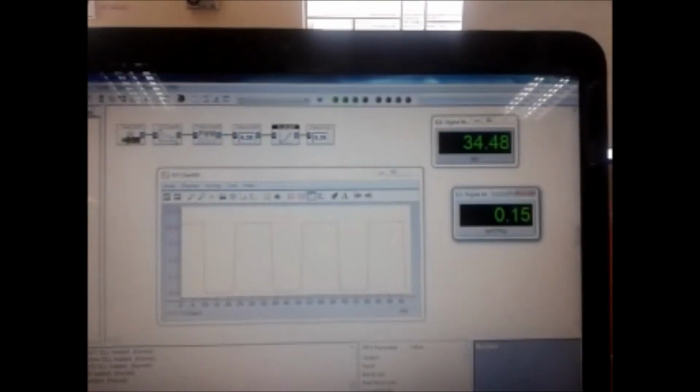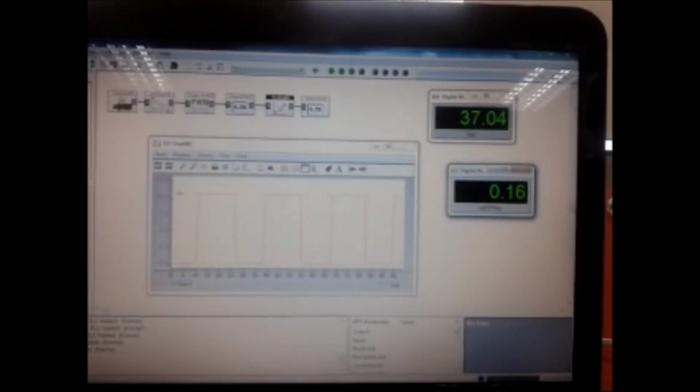The calculation equation that we got in Excel is now transferred to the scaling, and then we key in the equation that we got before in Excel, and finally we read it in the digital meter. End of our Pelton turbine experiment by using the flow meter sensor.